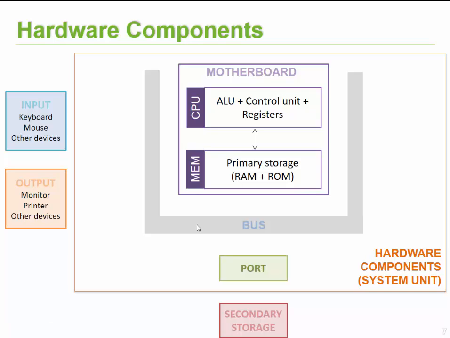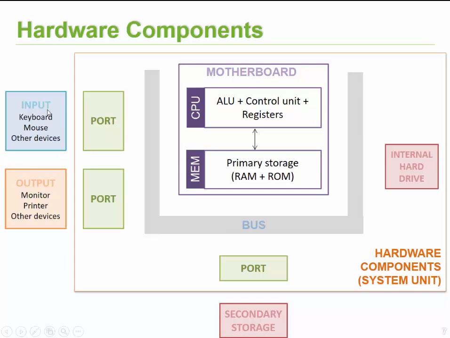Other components that we find on your motherboard: you're going to find a bus, and the bus is physically a medium that sends signals from one component to another component. You're going to find various ports, and these ports allow you to connect input devices to the motherboard.